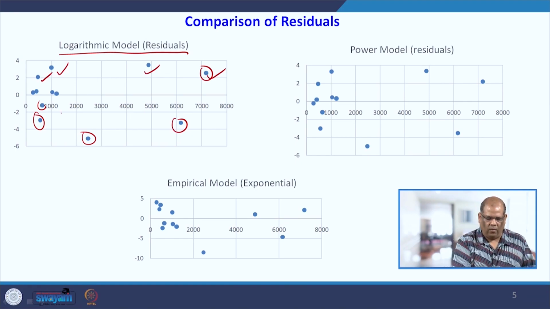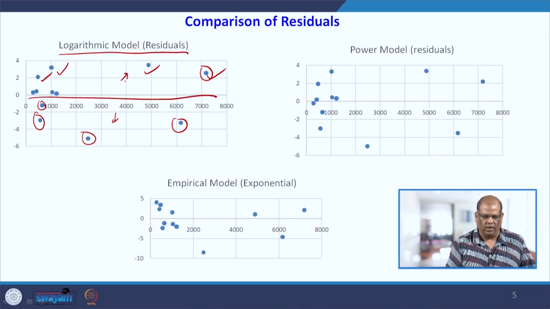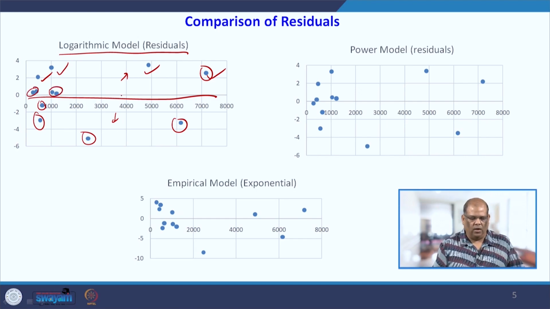So, this is the line y equal to 0. So, 4 of them lie below y equal to 0, 4 of them lie above, and these two are very close to the line y equal to 0. So, if we get such a thing, we say that the empirical model is good.